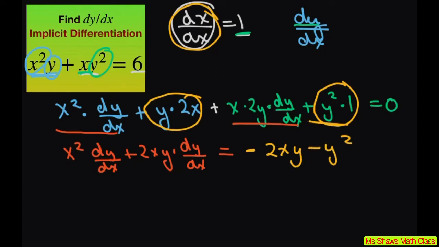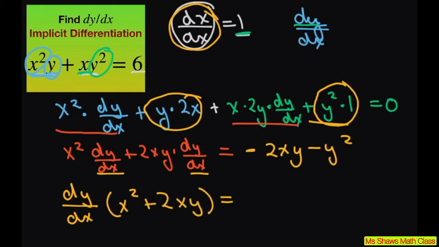All right, the next step is to factor out the dy/dx, because that's what we're solving for. dy divided by dx times x squared plus 2xy equals negative 2xy minus y squared.